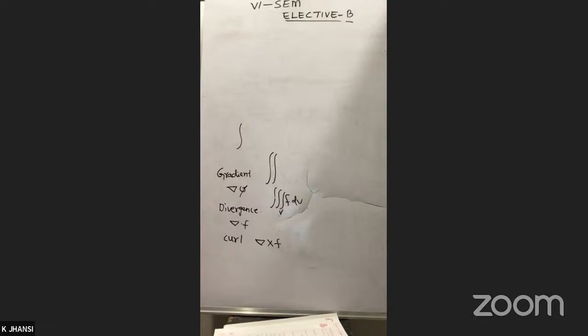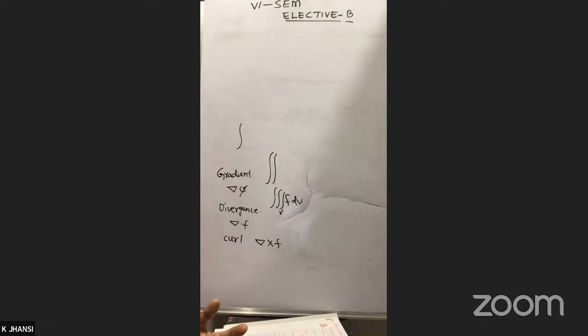The first theorem is Green's theorem and its applications, with derivation and statement. The question will be like, state and prove Green's theorem, and one problem will be attached to it, for getting the 20 marks. In the 10th unit, you have Green's theorem, with the statement and proof.